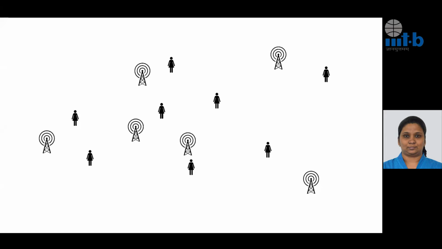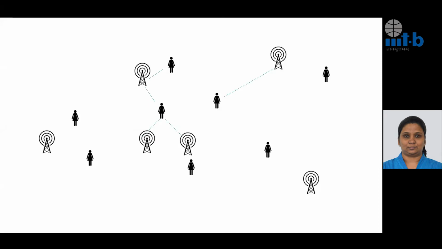Clients are connected to the base station by radio links. A client will be connected to a particular base station if the client is in the range of that base station. It's possible that a client is connected to more than one base station.